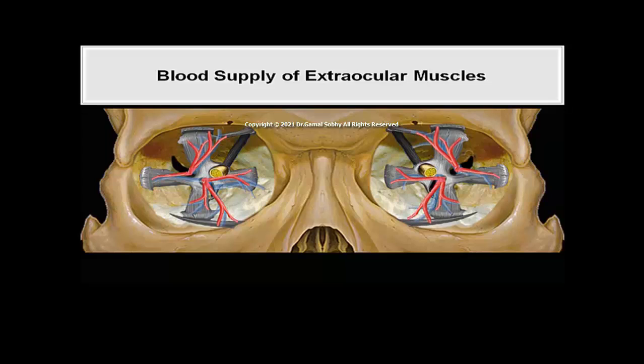The anterior ciliary arteries pierce the sclera near the corneoscleral limbus. They anastomose with the lateral and medial long ciliary arteries to form the major arterial circle of the iris. The veins from the extraocular muscles correspond to the arteries and empty into the superior and inferior orbital veins.